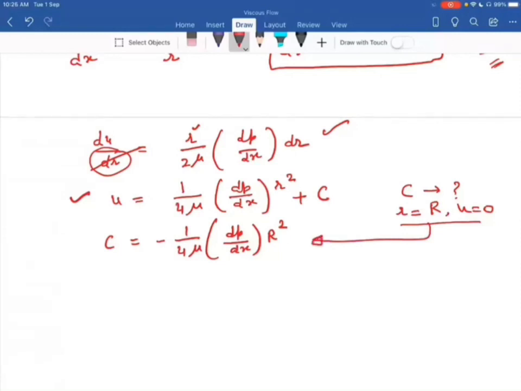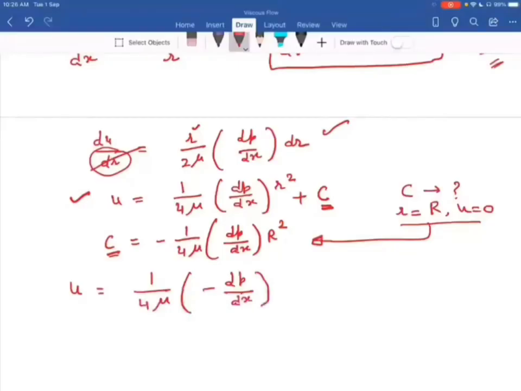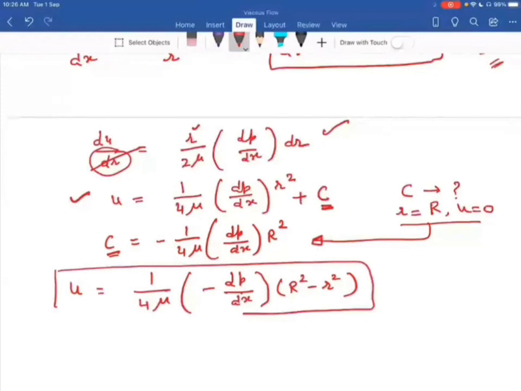Now I again write u by putting the value of C. So u comes out to be 1 upon 4 mu, take negative sign with pressure gradient because pressure drops along the x-axis, into R square minus r square. So this is equation number 3.